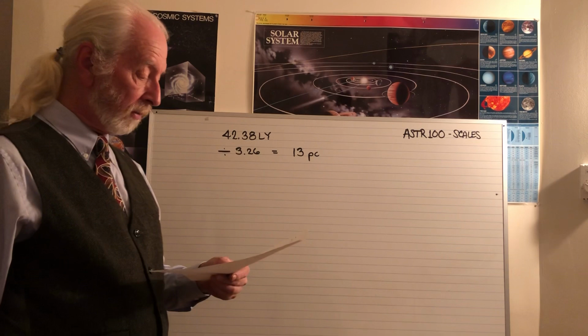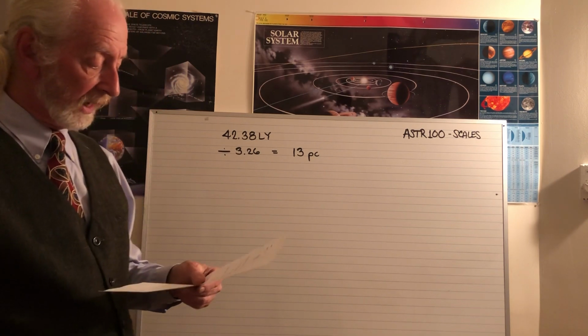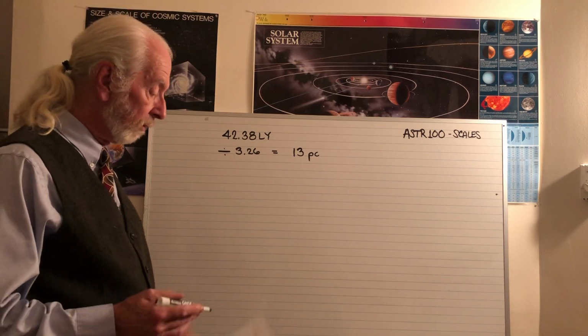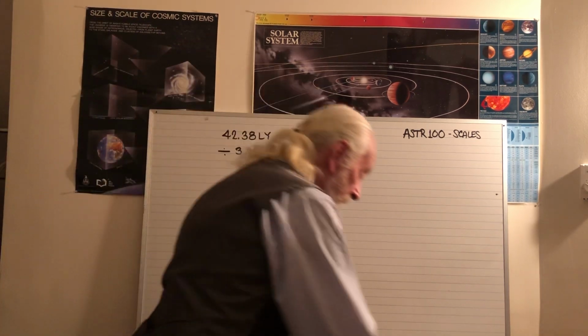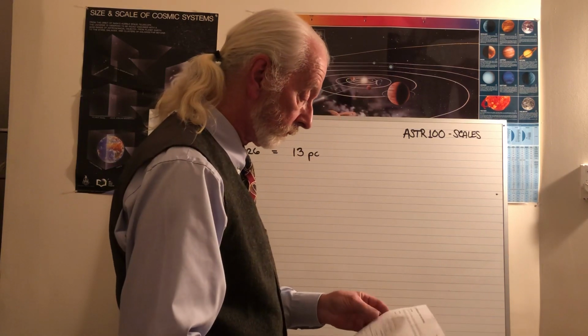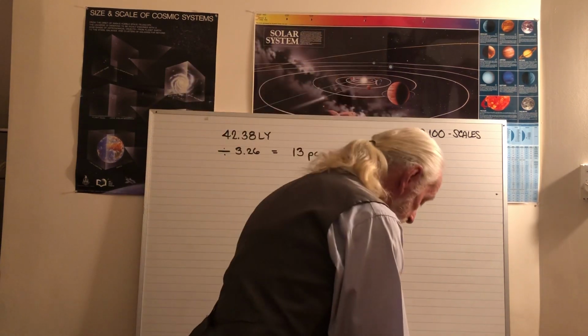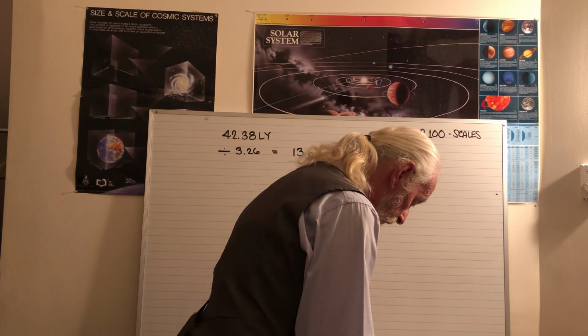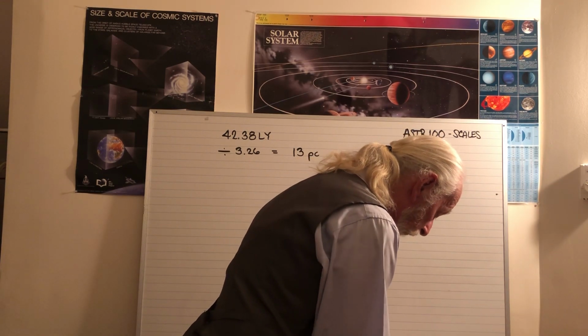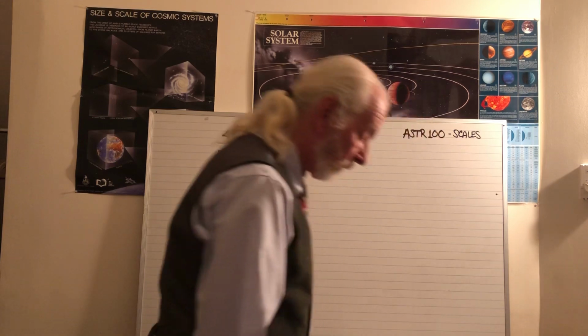Next example, 4 parsecs is approximately how many AUs? I neglected to mention something here, so we're going to go back to the page where I talked about AUs briefly, and that would be on page 31.